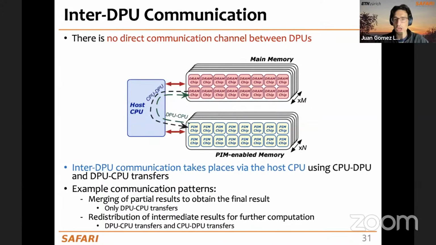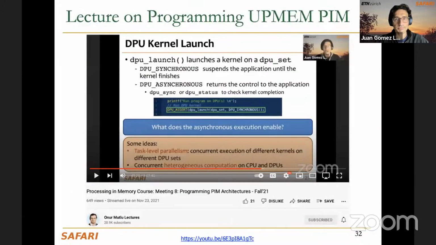For example, for redistribution of intermediate results, we talked about interesting benchmarks, for example, BFS for graph processing. And if you want to recall how to program the PIM architecture, I can recommend your meeting 8 or lecture 8 where we talk about it.